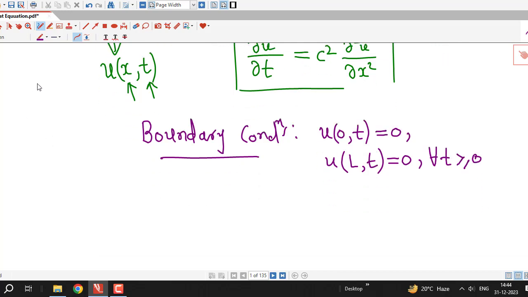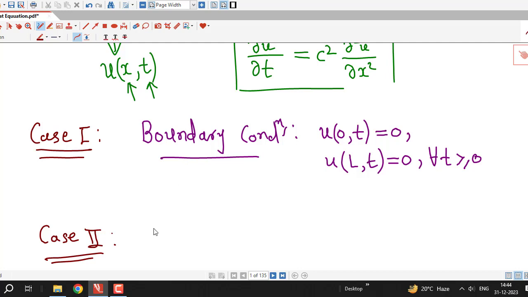This is the first case. We are going to discuss the solution in two different cases, and these two cases differ in the boundary conditions. The only change between these two cases is the boundary conditions.